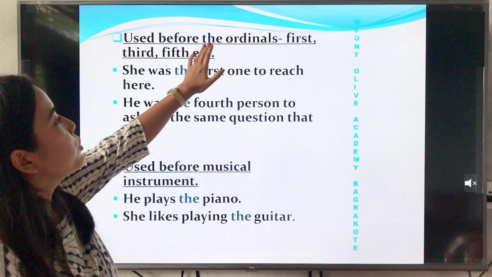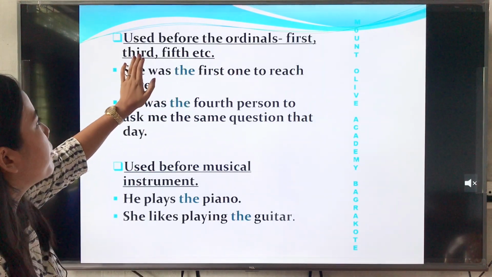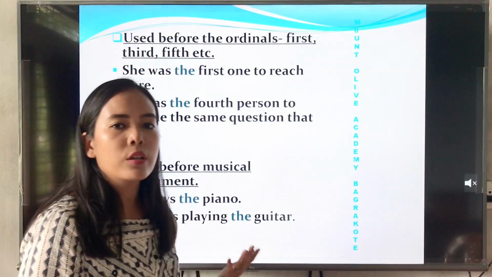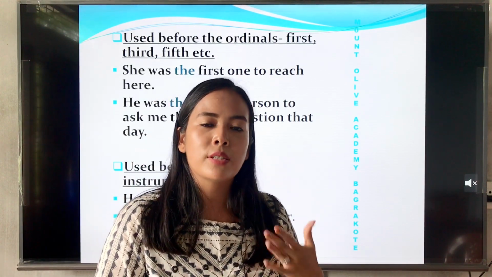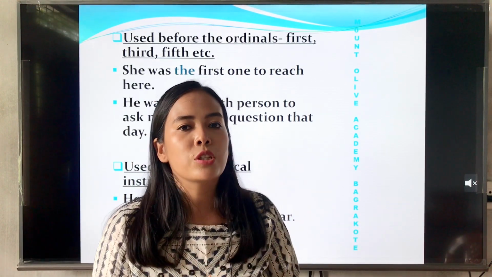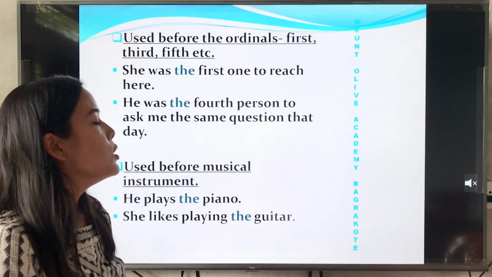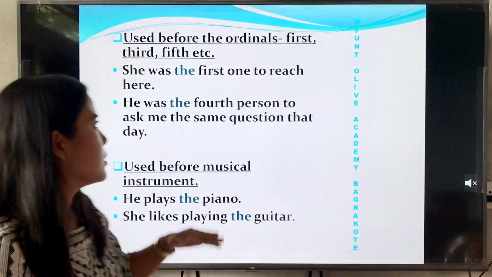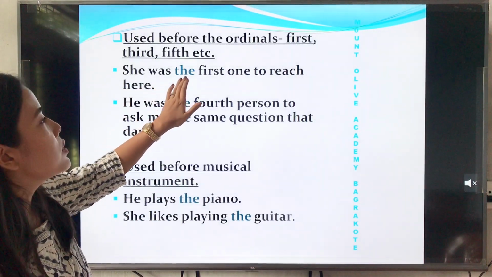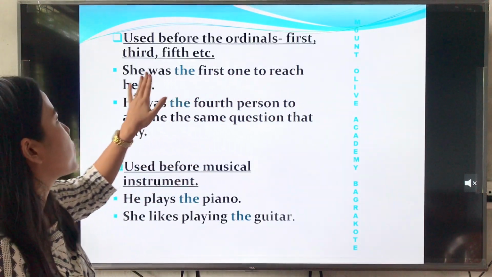Now, used before the ordinals. For example, first, third, fifth. Okay, what are ordinals? Ordinal numbers we know: first, second, third, fourth, fifth, sixth, seventh. These positions are called ordinal numbers. So we will always use article the before ordinal numbers. She was the first one to reach here.